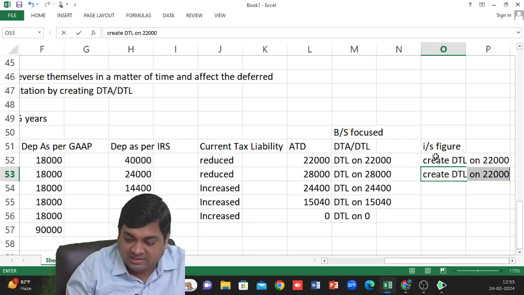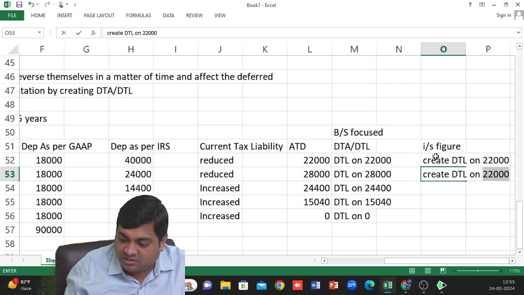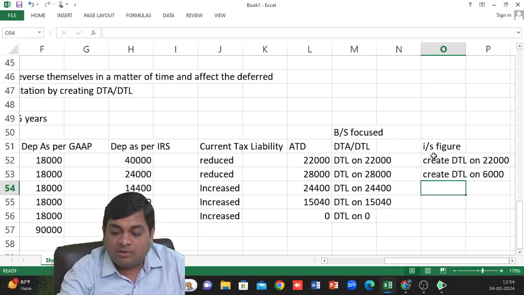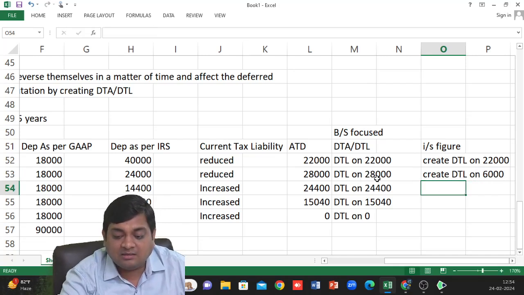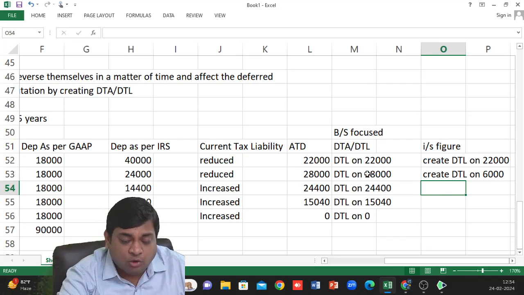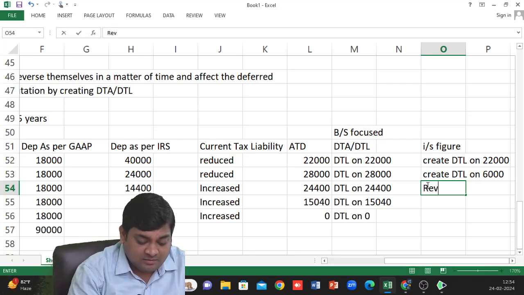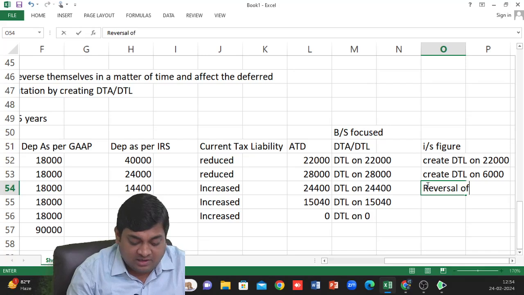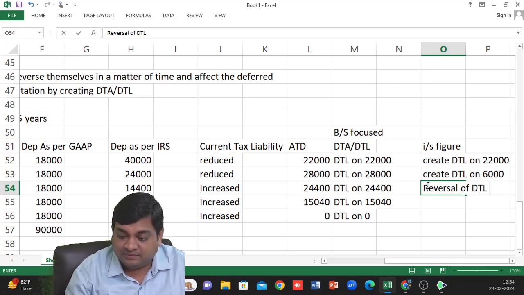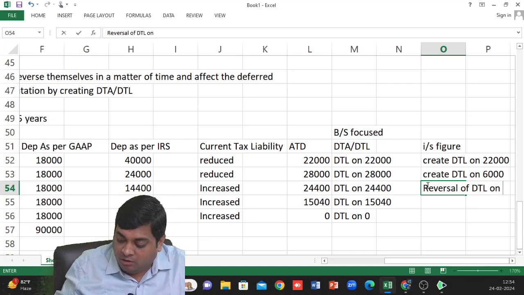Create deferred tax liability on 6,000, because we require 28,000. That too, listen to me, that too if my tax rates are same. Otherwise I will do closing minus opening. This year, reversal of DTL on 3,600.